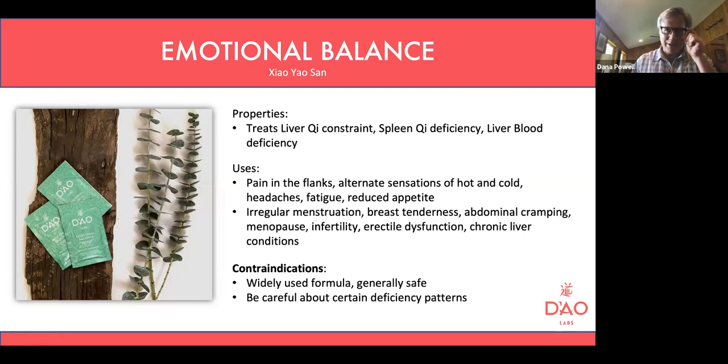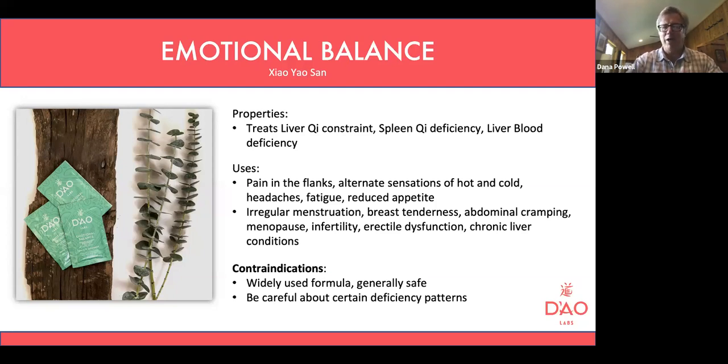Its classic presentation includes things like pain in the flanks, alternating sensations of hot and cold, headaches, fatigue, reduced appetite. But as you know from our name and perhaps your own practice, it's often used for stress or emotional volatility. Those are also signs of liver qi constraint.